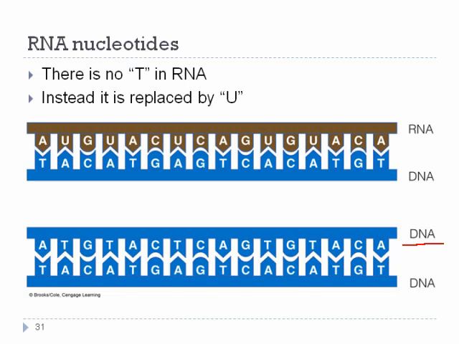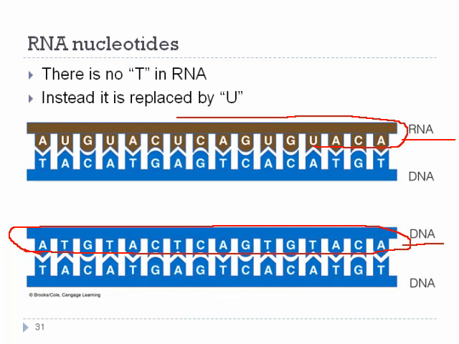If we had replicated the DNA, then this is what we would have gotten for our second strand. But if we do transcription, this RNA is what we get for that second strand. And if you compare those two, they're very similar. The only difference is wherever there's a T in the DNA, there's a U in the RNA.